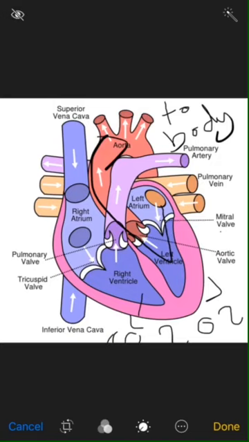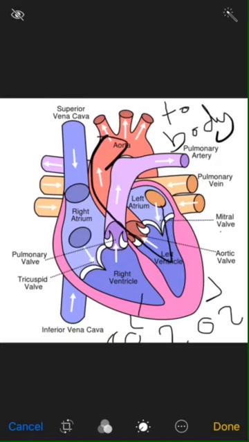I need you to notice something: the pulmonary vein has 2 branches, from the left lung and the right lung, while the pulmonary artery has only 1 branch. So this is a very big difference between pulmonary artery and pulmonary vein, to distinguish which is which.